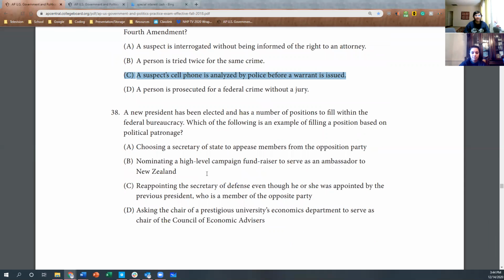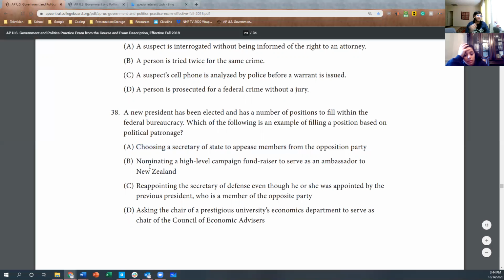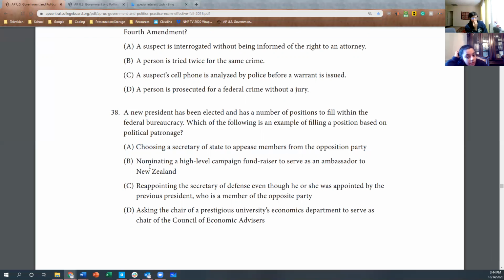A new president elected. Okay. Political patronage. It's not A. I think it's B. Because his patron, who's sponsoring him with the high-level campaign funds, the president is giving him a position.